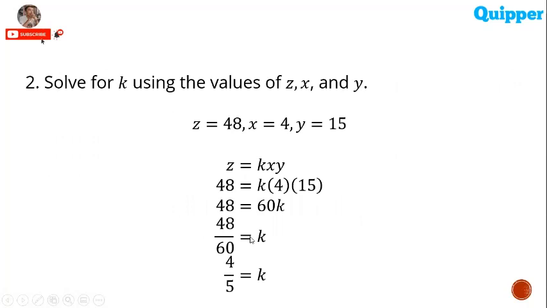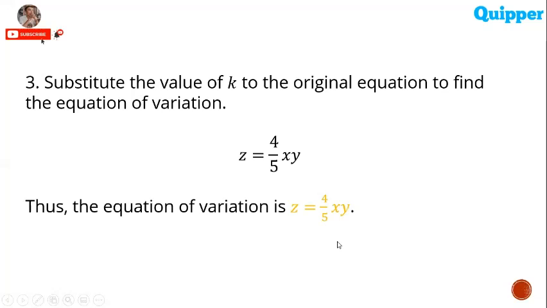Then solve for k using the values of z, x, and y. Z is 48, x is 4, y is 15. You're going to multiply 4 and 15, that is 60k. Then divide both sides by 60. You have 48 over 60, then reduce that to its lowest terms, that is 4 over 5. Then from there, you're going to substitute the value of k into the original equation to find the equation of variation.